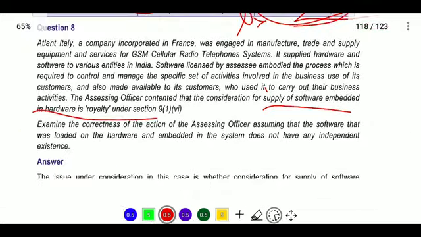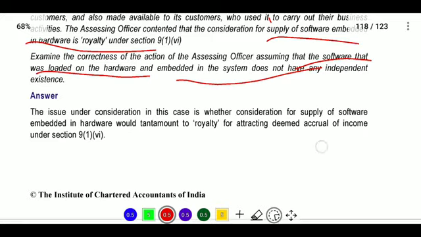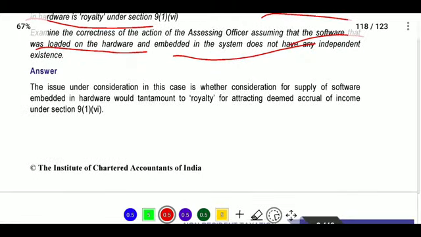9(1). Here, the assessing officer, assuming that the software that was loaded on hardware and embedded in the system does not have any independent existence. So the issue involved was whether the assessing officer is correct or not. Assessing officer is not correct. Why?